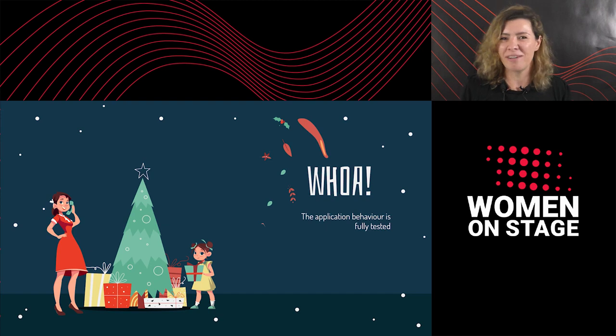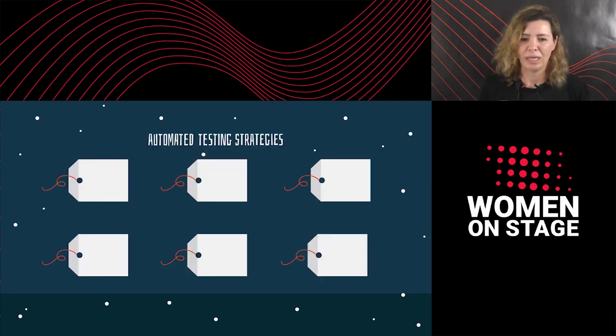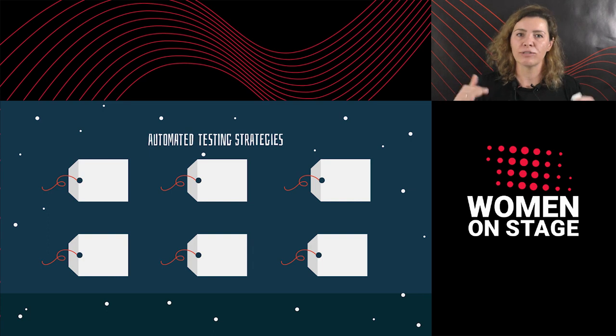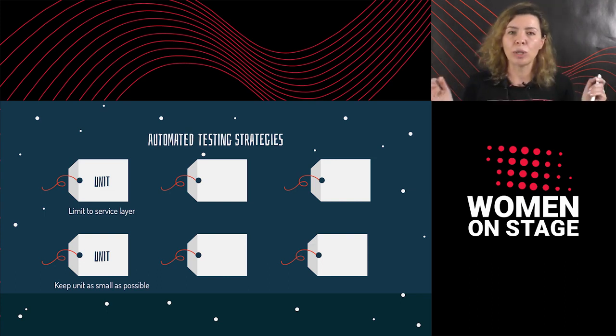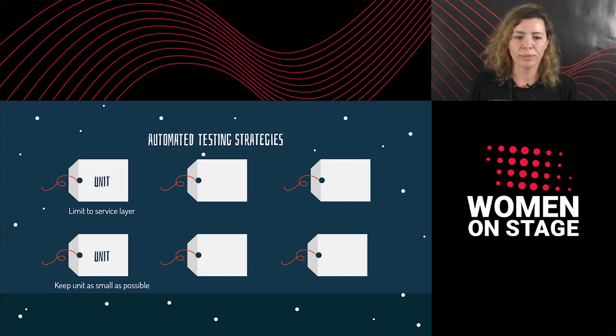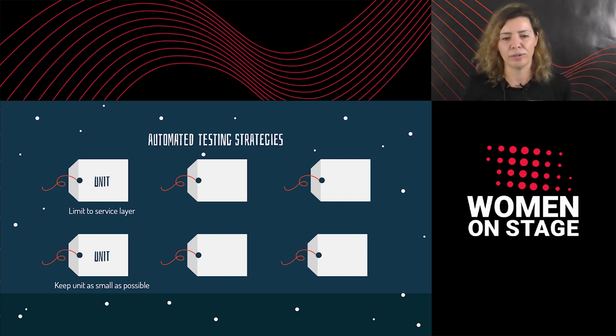The application behavior is now fully tested. It's time to summarize what we just talked about. The goal was to test application functionality without over-testing it. We started with unit testing, where we should try to keep the unit as small as possible, and we want to limit our unit testing to the service layer.